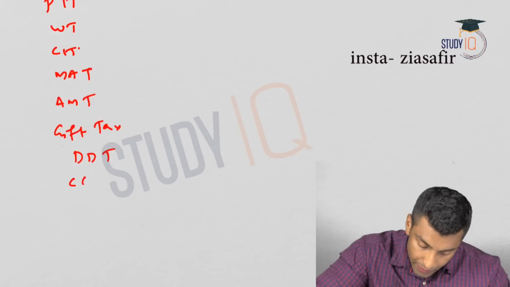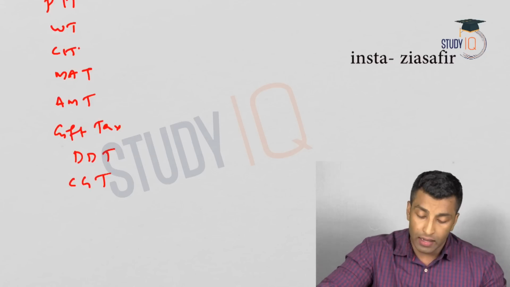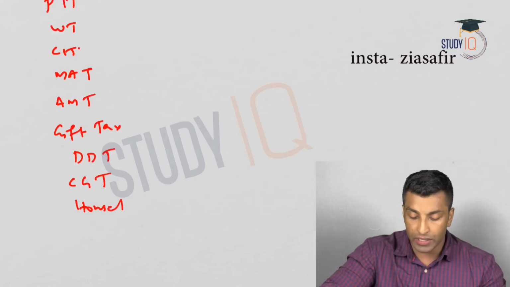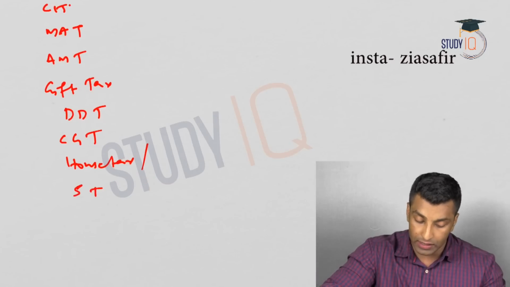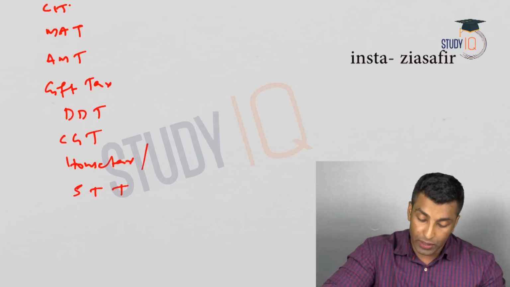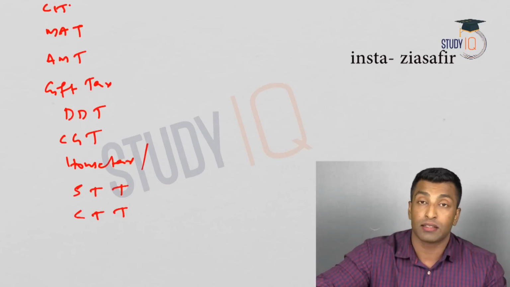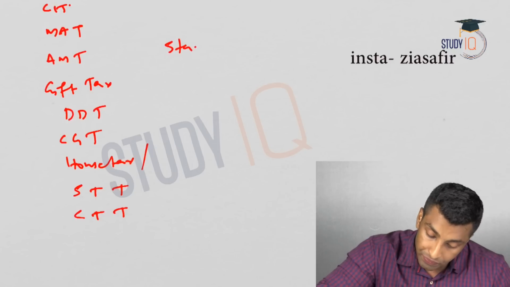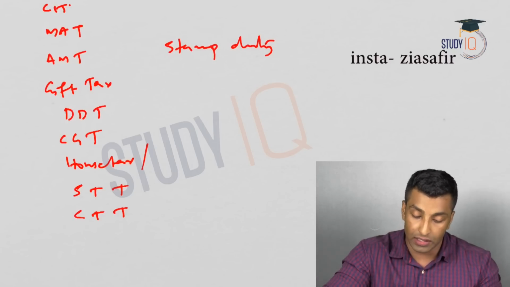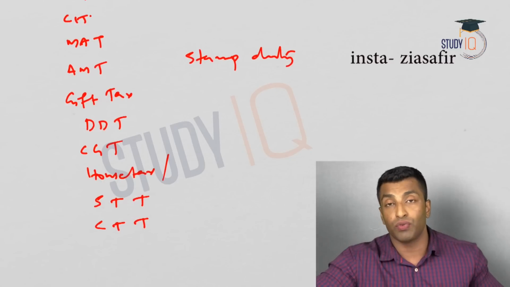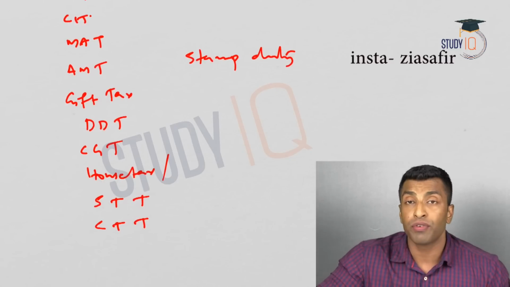We have discussed about capital gains tax. Okay, then we have discussed about house tax or property tax. Then we have discussed about securities transaction tax. We have also discussed about commodities transaction tax, and then we discussed about stamp duty. So all these are the direct taxes that we have discussed, and we have also understood what is presumptive tax.